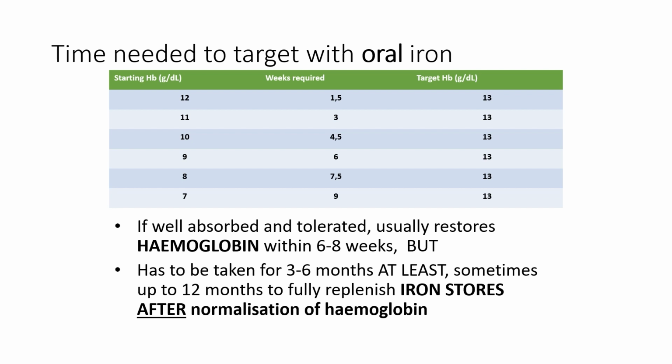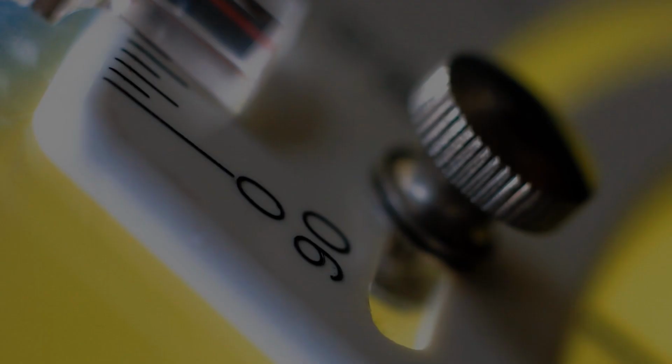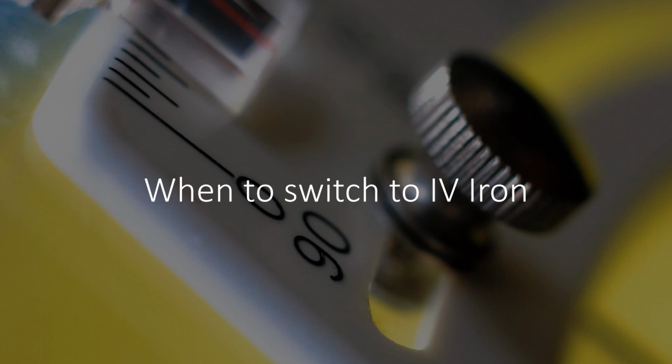So although in most patients you will be able to restore the hemoglobin back to normal within 6 to 8 weeks, you still have to take the iron for at least 3 to 6 months, because after the hemoglobin is normalized, you still want to build up iron stores so that the patient has enough stores for future use and especially during pregnancy. So then the question is, when do we switch to intravenous iron?